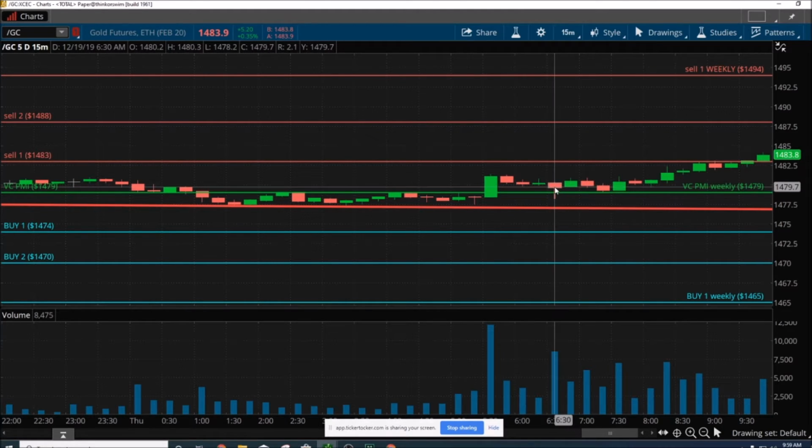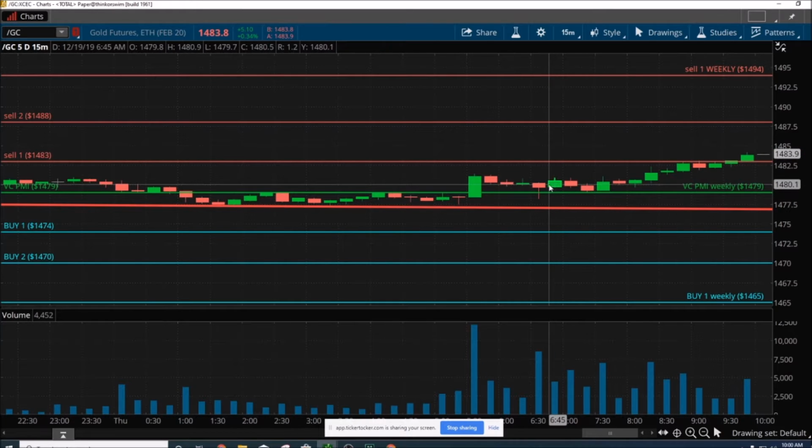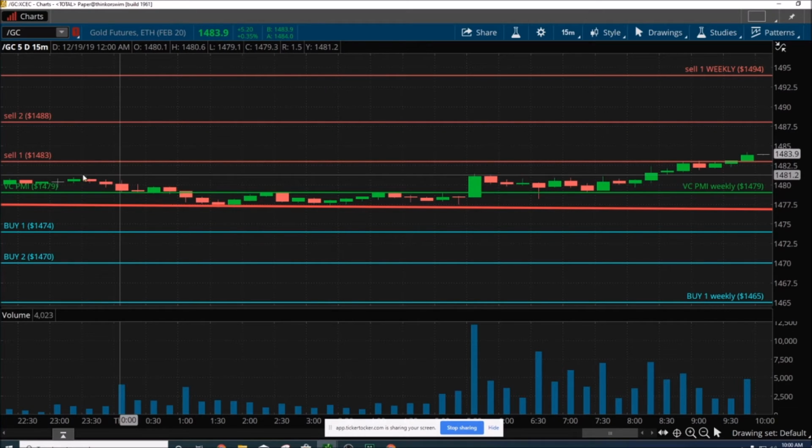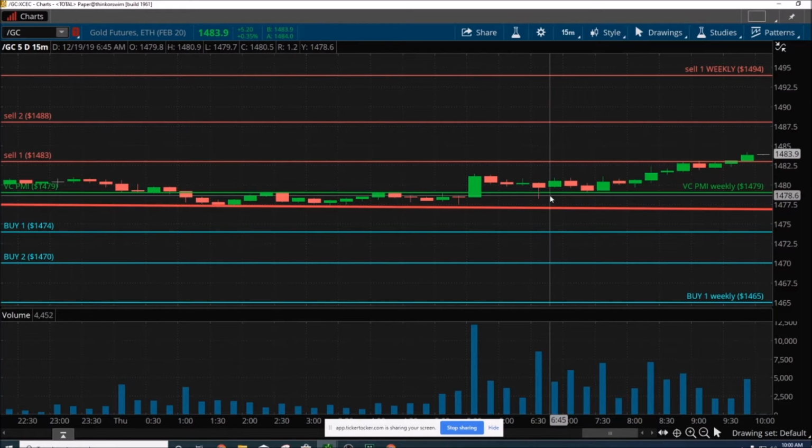We came back down here, tested it again at 6:30 a.m. and, as you can see here, closed above it and activated the bullish trend momentum for the daily and for the weekly signals.